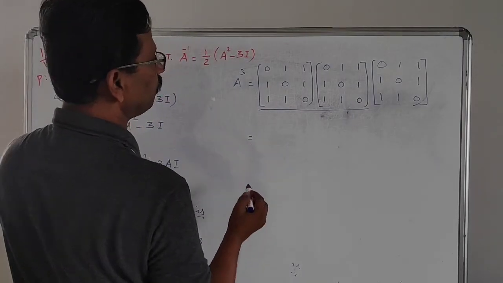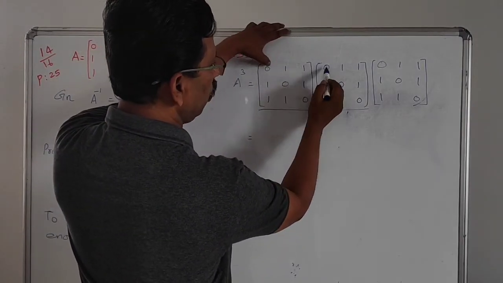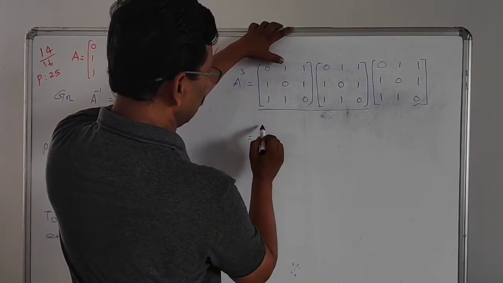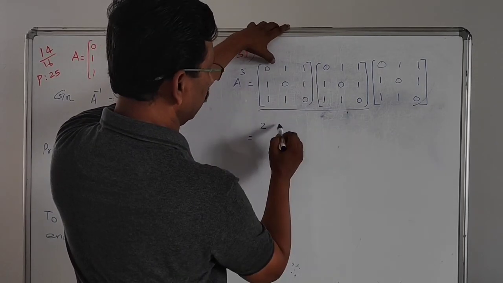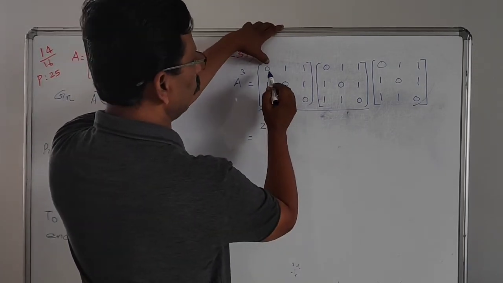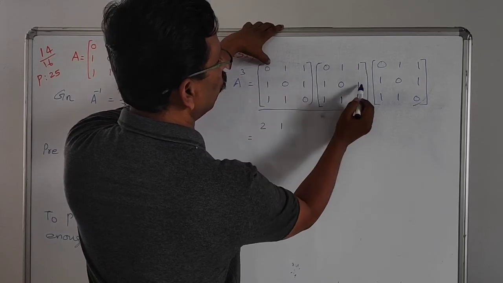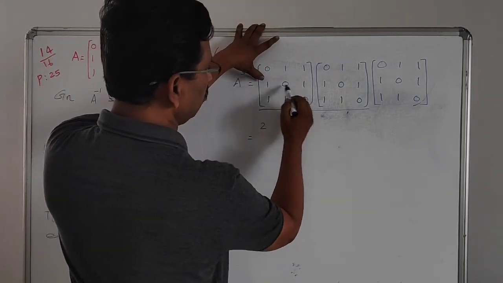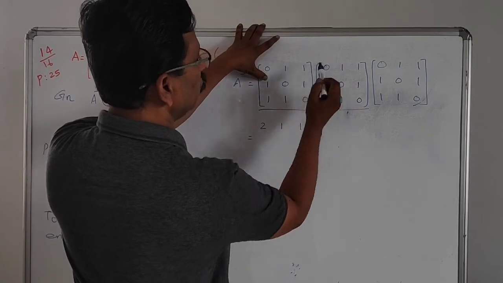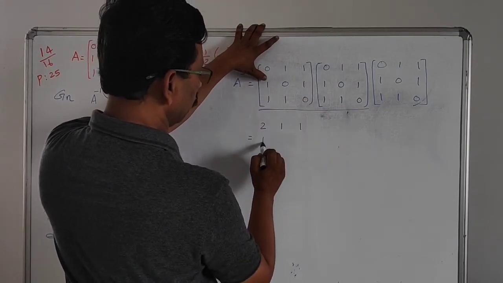Which is equal to 0 plus 1 plus 1 gives 2. Then next one 0, 0, 1, we can get 1. Then next we can go for this one again 0, 1, then 0 you can get 1. Then again second row first column 0, 1, 1 you can get 1 here.